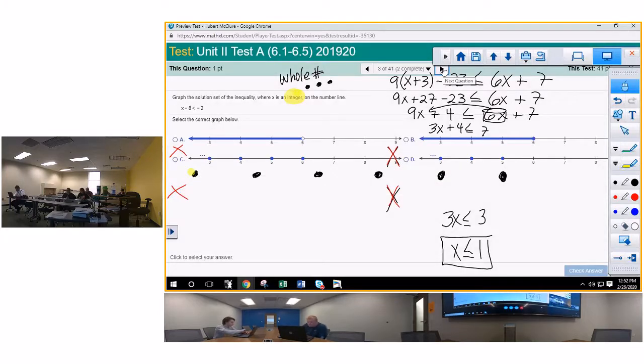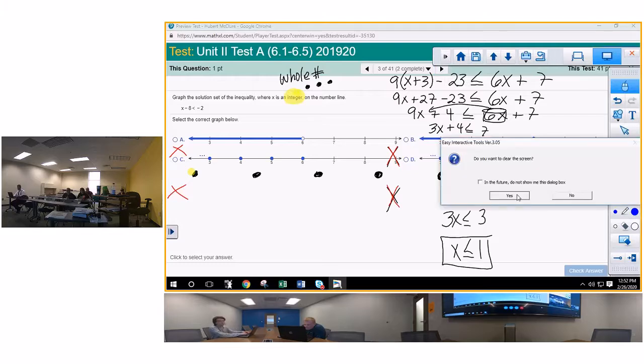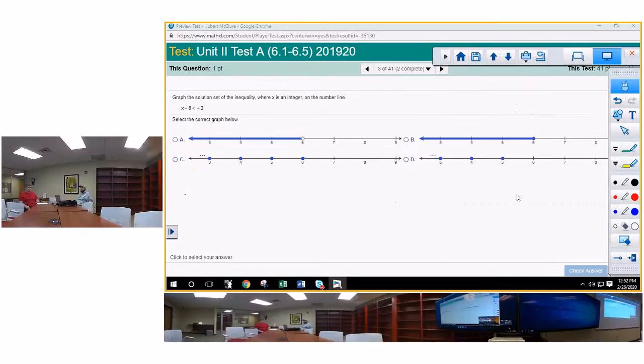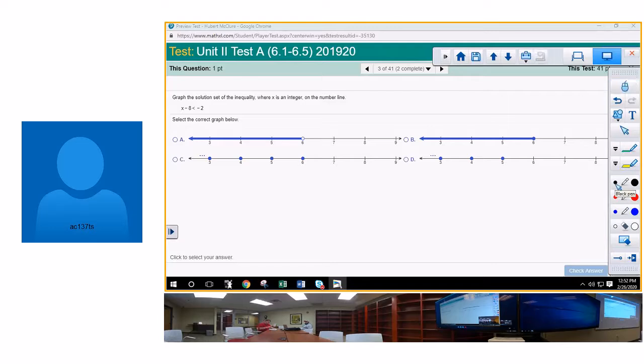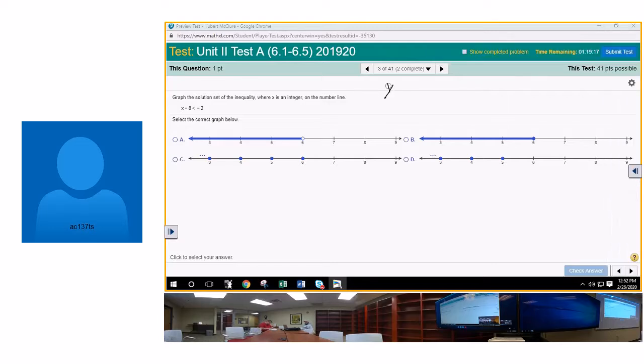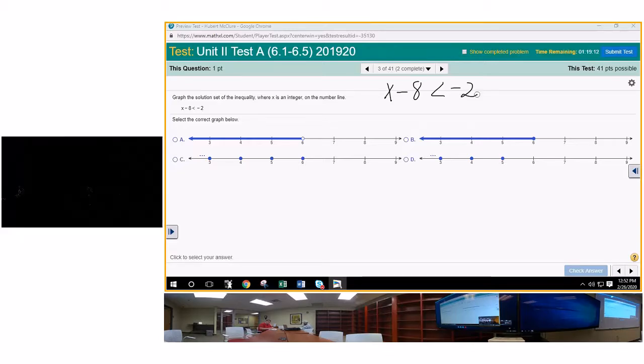All right, you do that one. x minus 8 is less than negative 2. x minus 8 is less than negative 2. How do you get rid of negative 8? Thank you.